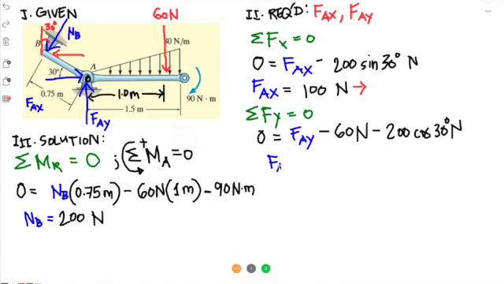Manipulating this equation, we get FAY equals 60 plus, transposing everything to the left, 200 times the cosine of 30.